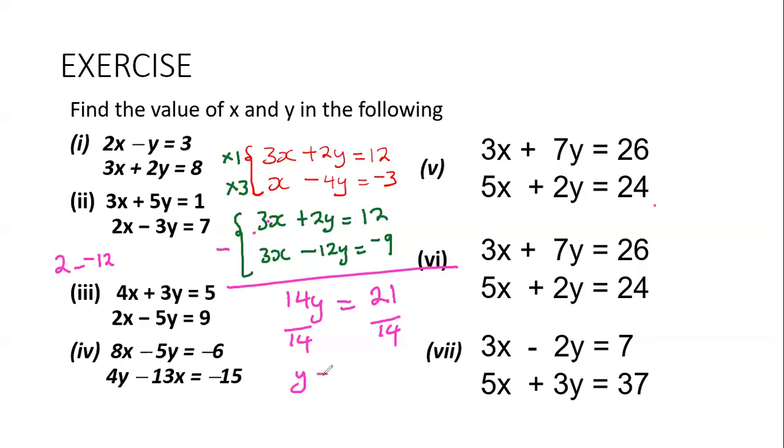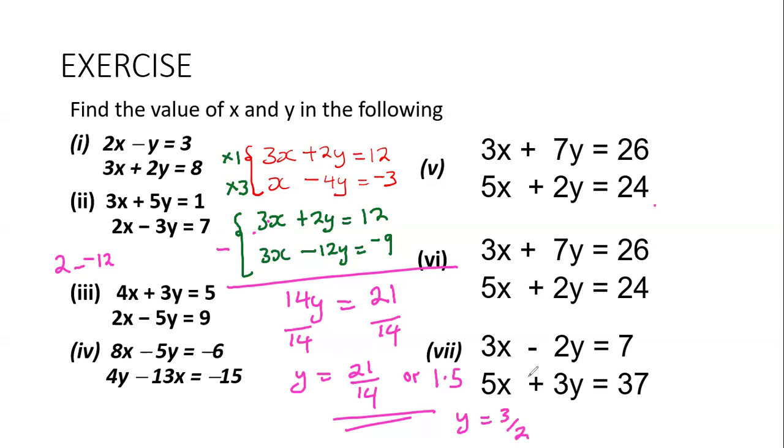Divide by 14. Now, Master, that's where I wanted you to help me. In case you get a fraction, that is very okay. You can either write your answer here. In case it is a terminating one, you can write it as 1.5. If you can reduce further, reduce and say y is equal to 3 out of 2.